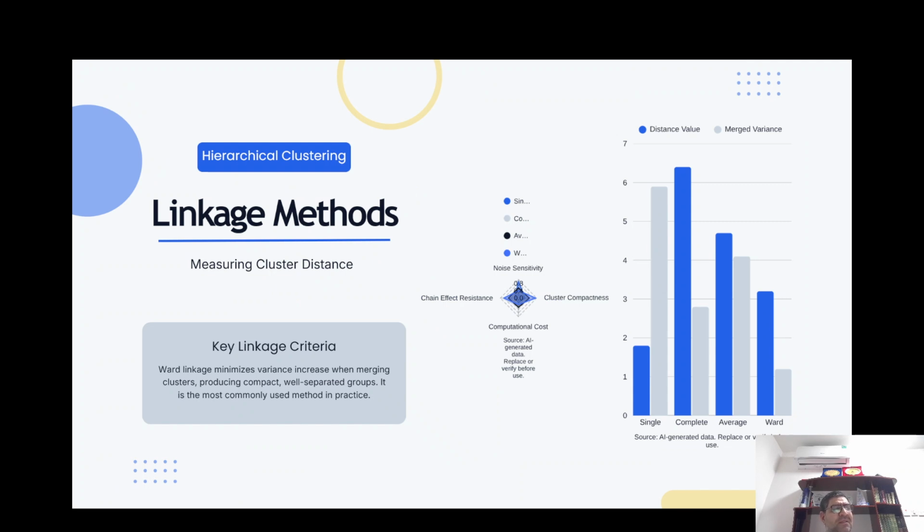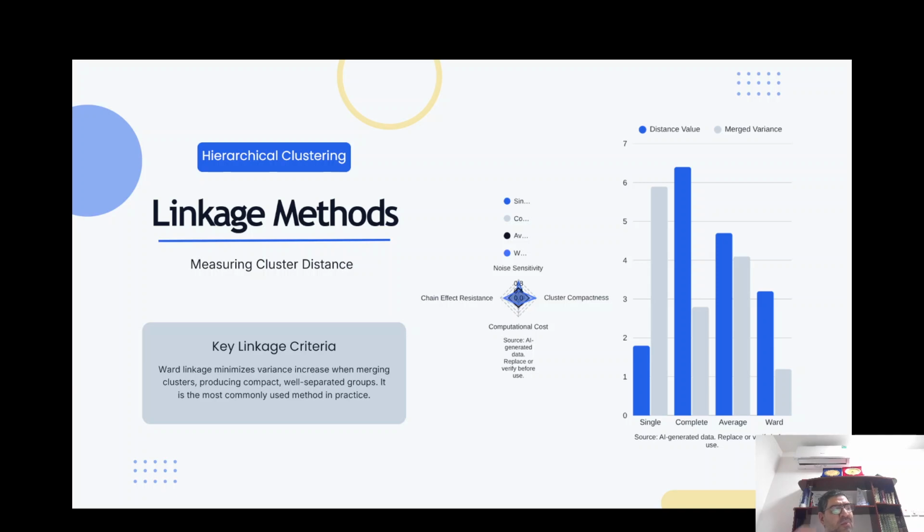The linkage method measures cluster distance. Among the key linkage criteria which we have discussed, there is Ward linkage, which minimizes variance increase when merging clusters, producing compact, well-separated groups.